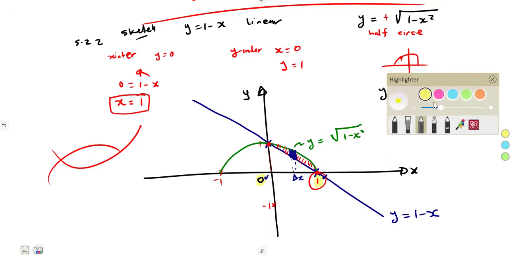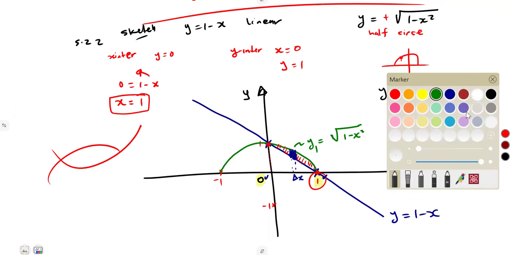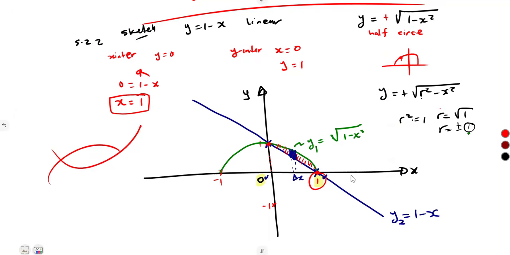And y is equal to the square root of 1 minus x squared is above the straight line. This one is on top and this one is below, so you can call this one y1 and this one y2. Top minus bottom in terms of your calculations.